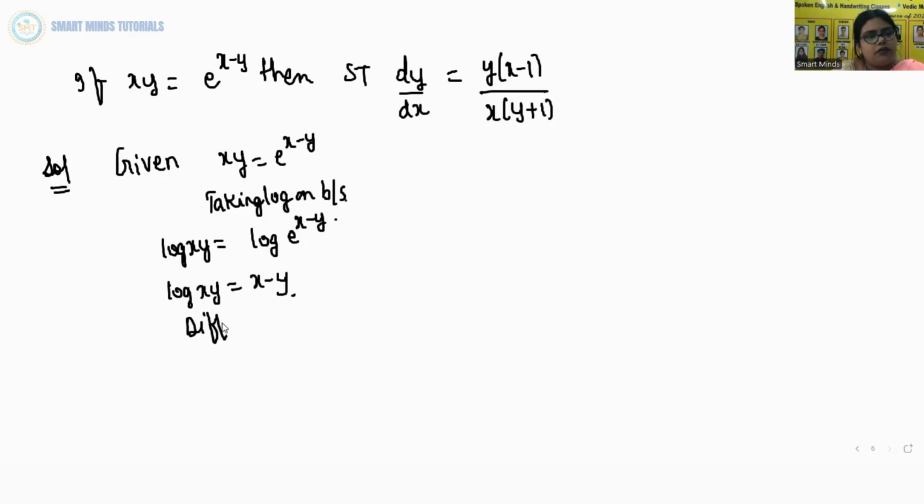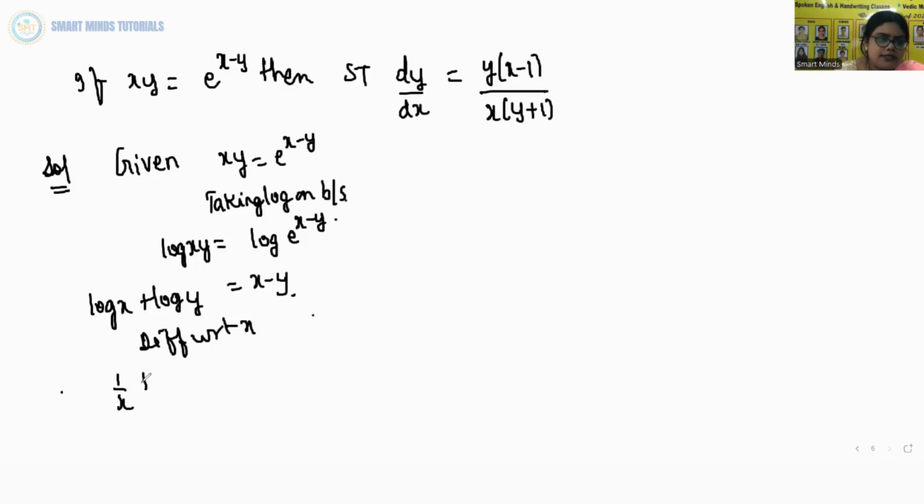Now differentiating with respect to x. So here, see, log xy, we can also write it as log x plus log y. So I'm changing this statement. Log x plus log y equals x minus y. Now differentiating with respect to x. So log x derivative is 1 by x plus log y derivative is 1 by y dy by dx equals x derivative is 1 minus y derivative is dy by dx.